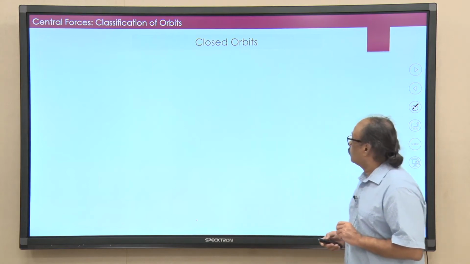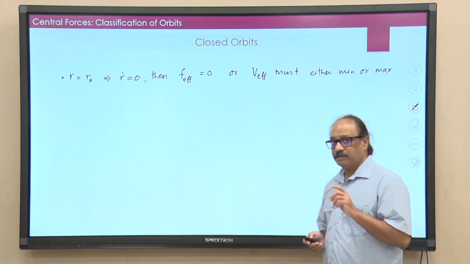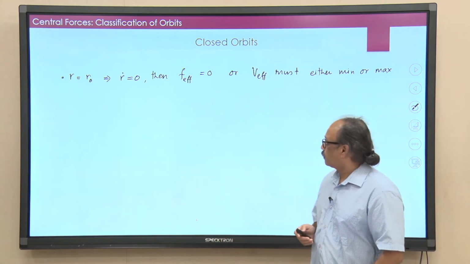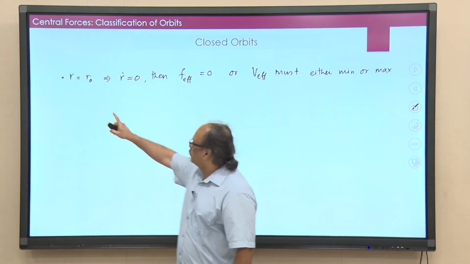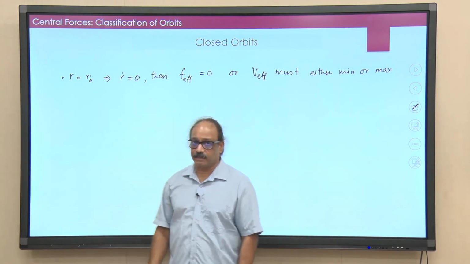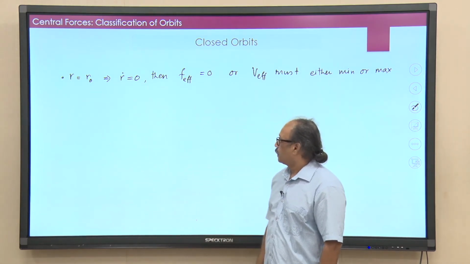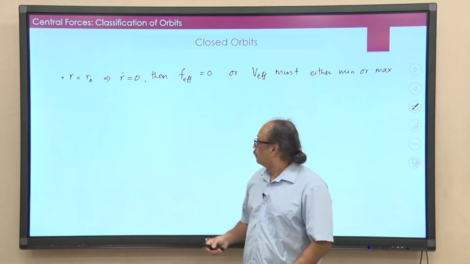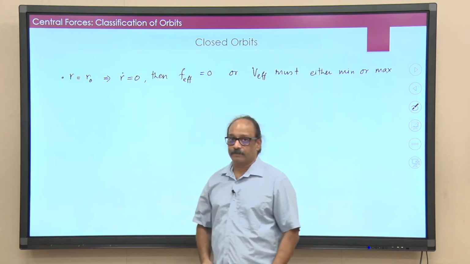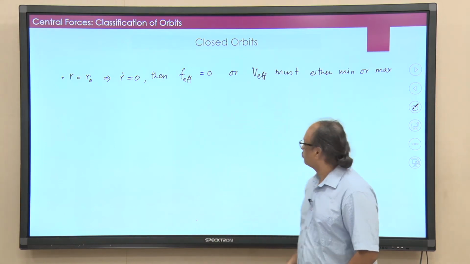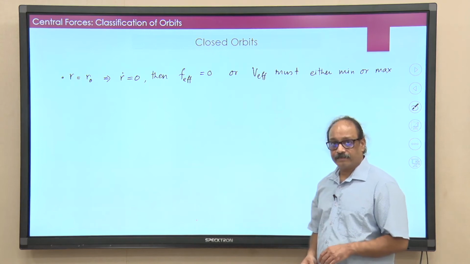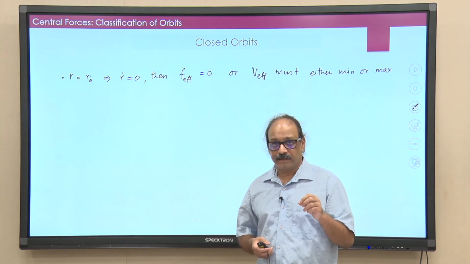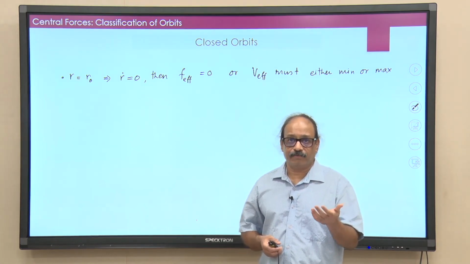Out of these, circular orbits are the easiest ones. Circular orbit means the distance from the origin is constant, say some r naught, and that distance is not changing because it is a circle. That means r dot must be equal to 0. When will that happen? That happens when the central force is balancing the centrifugal force.